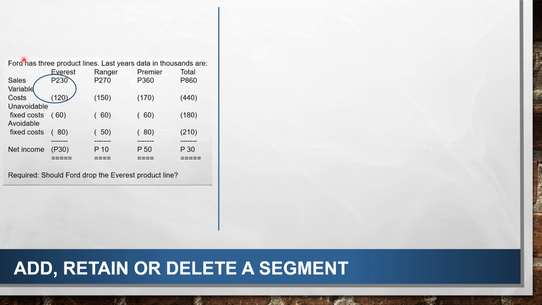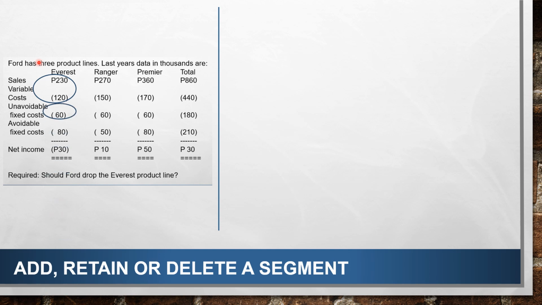So we get 110,000 in contribution margin. So this income statement shows that if this Everest segment is dropped, the Ford company would lose 110,000 in contribution margin because you will drop this.